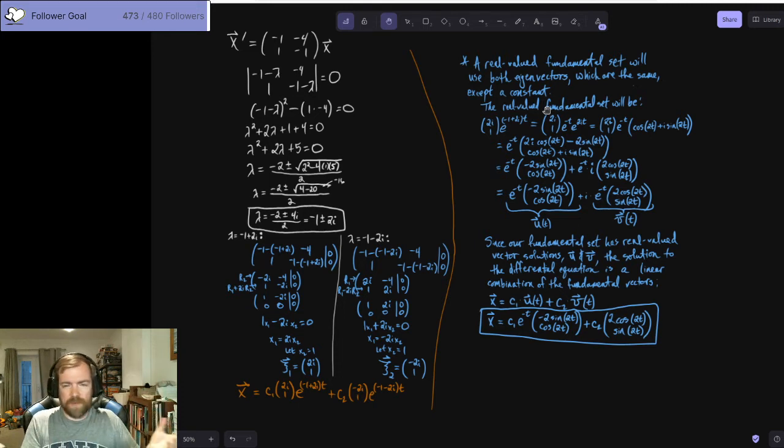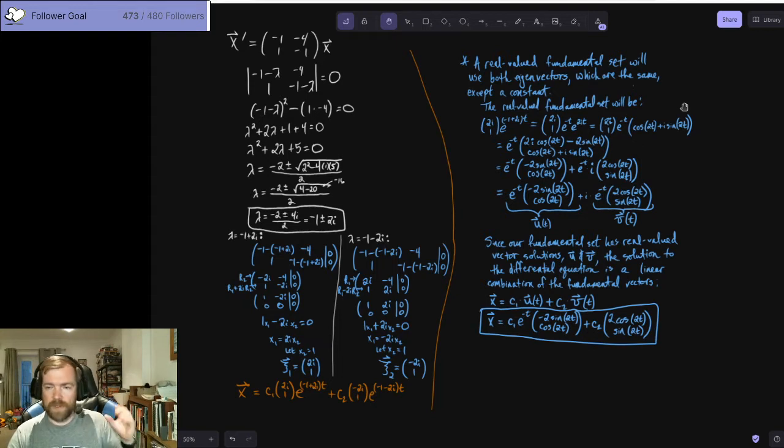And the only difference between the pieces that we had was the manipulation of constants. So what I'm saying in this particular case is that we're going to look just at the fundamental set part of it and say we want all of this stuff to be real.